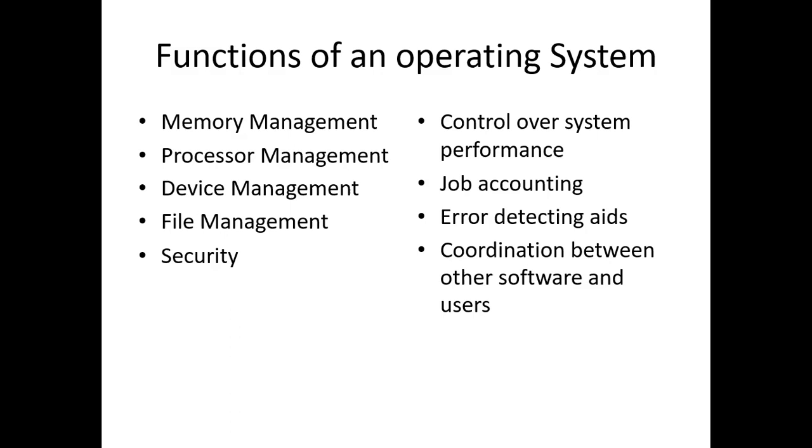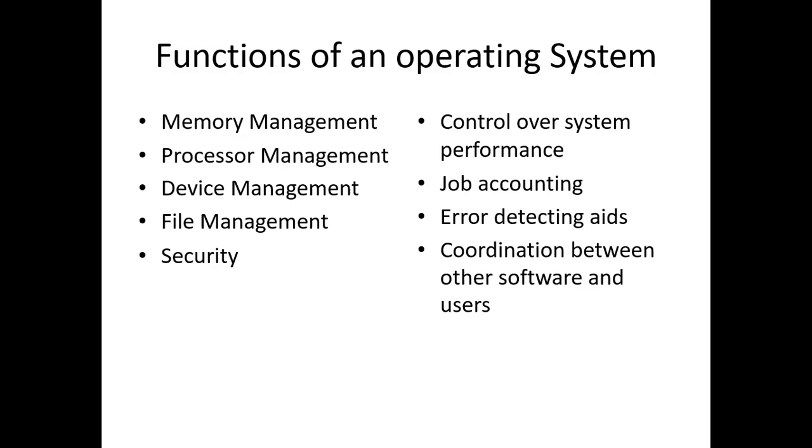Then it controls the overall performance of the system itself. When you want to check how your computer works and how fast it's working, you do that on the operating system. And it does job counting, meaning the work that is being done within a process is counted by the operating system.